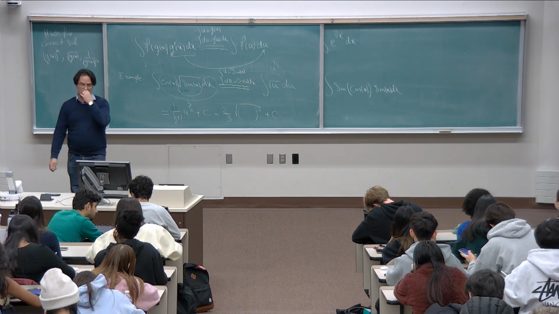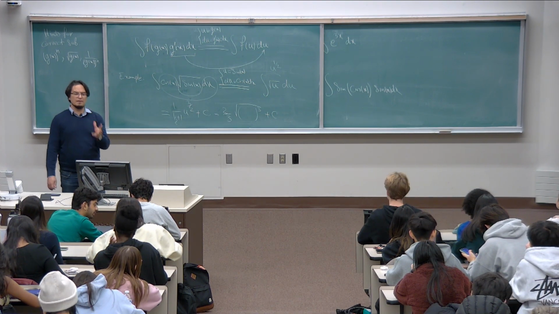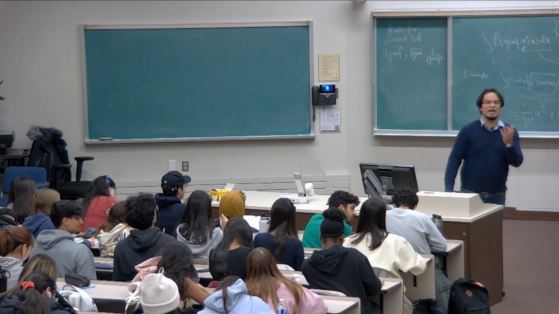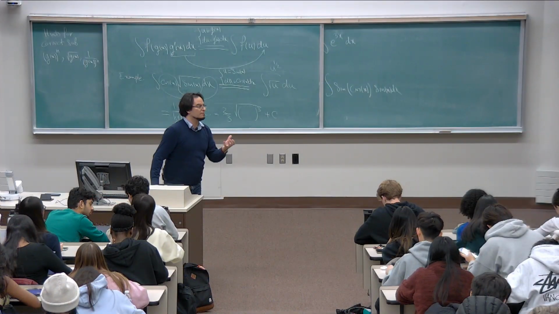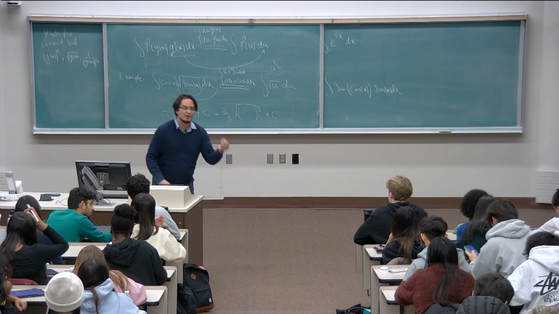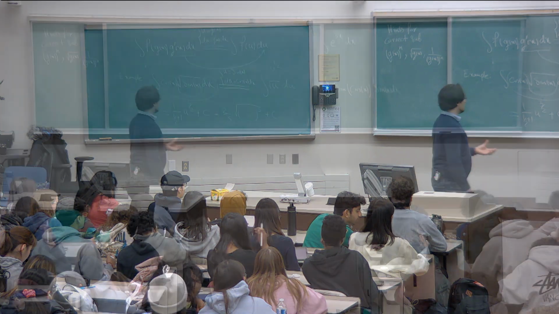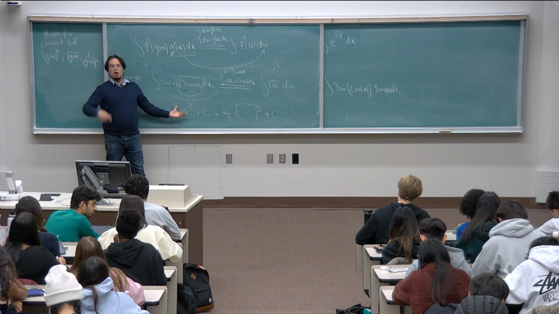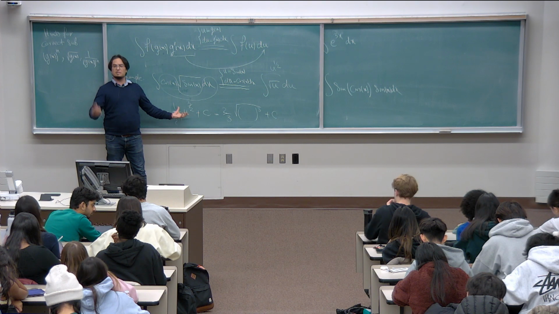Okay? Remember, u is a temporary variable that we introduced. The final answer should not be in terms of u. It should be in terms of x, meaning that I'm not done if I leave it that way. My whole integration process is missing a step.